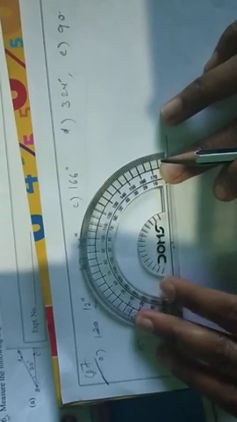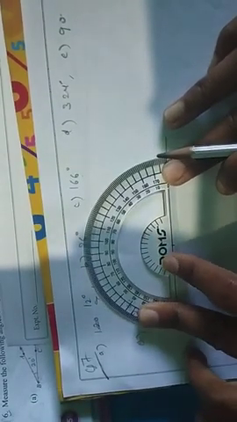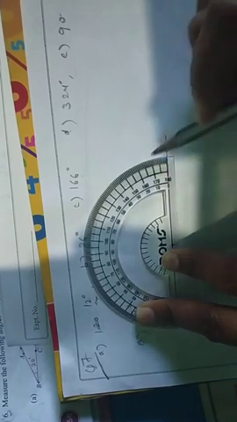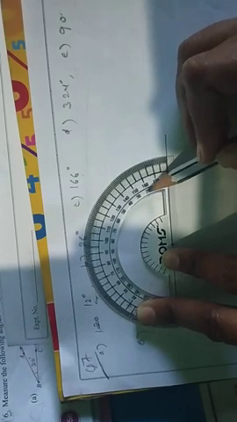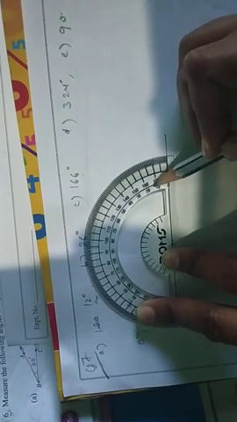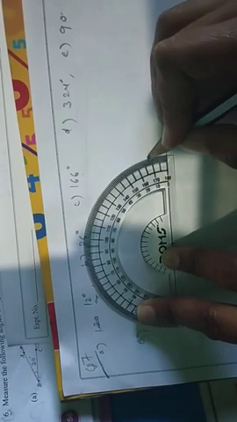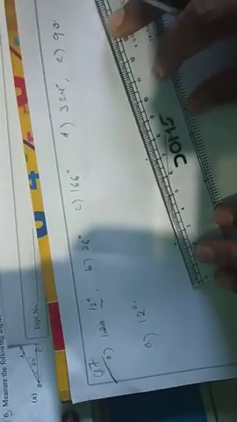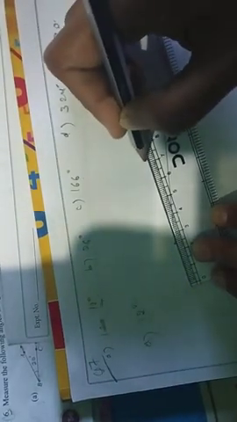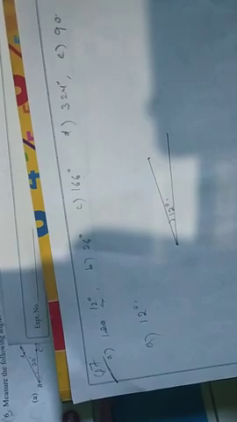Put it straight properly. Now you have to find 12 degree. Where is 12 degree? This is 10. After 10 there is 20, but between these you have to count the small lines. So 10, 11, 12. This 12 is coming here. So we are going to join these 2 points. This is a 12 degree angle.